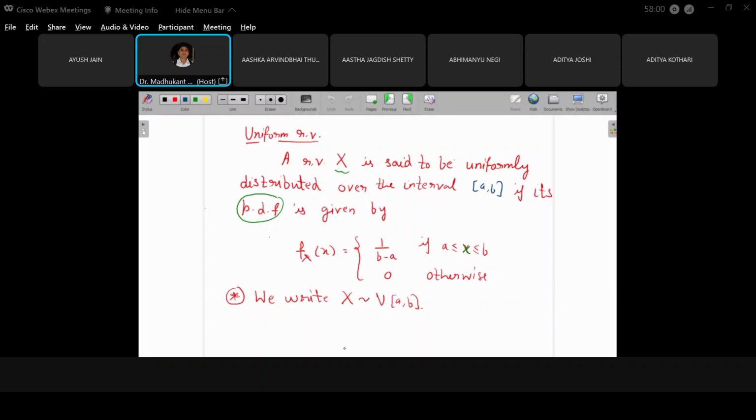Now, this is a one-dimensional uniform random variable because you have only one random variable. Why we are calling it uniform, you will see geometrically. The same definition can be extended to a two-dimensional vector, three-dimensional vector, and so on.